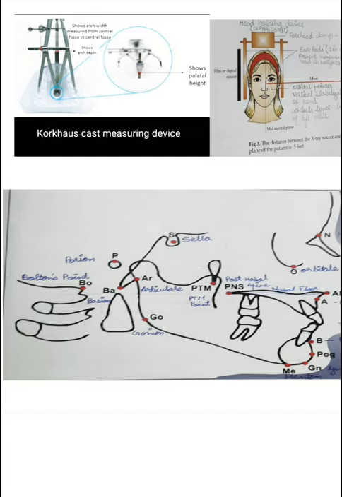Derived points are the landmarks that have been obtained secondarily from anatomical structures in the cephalogram. So they are like nasion, orbitale, sella, point A, point B, etc.